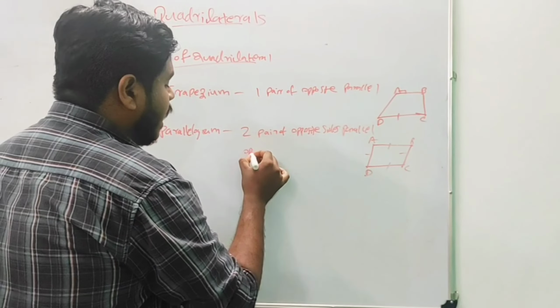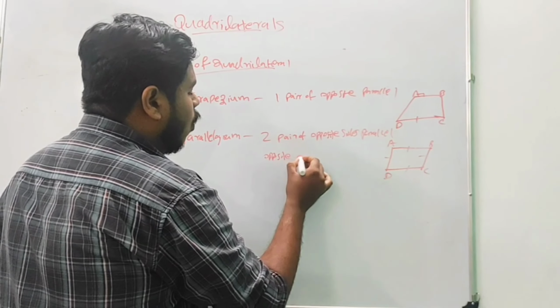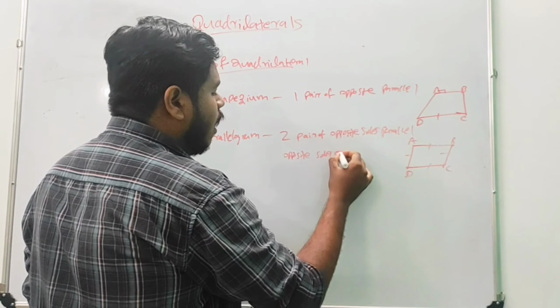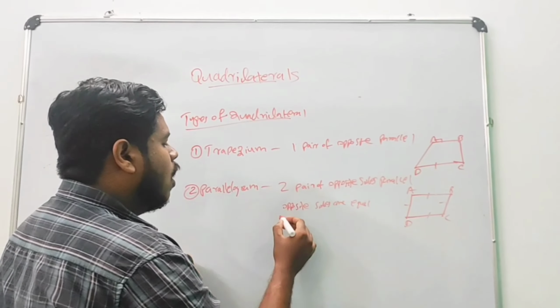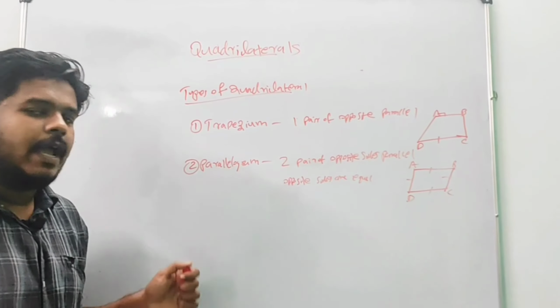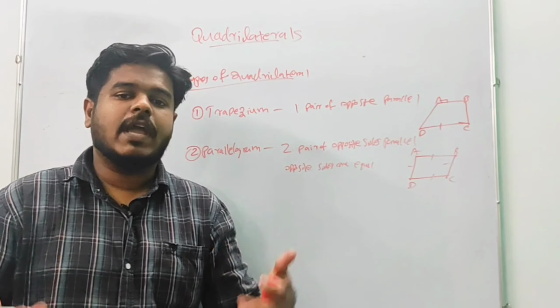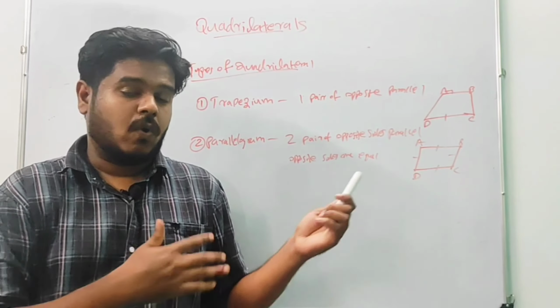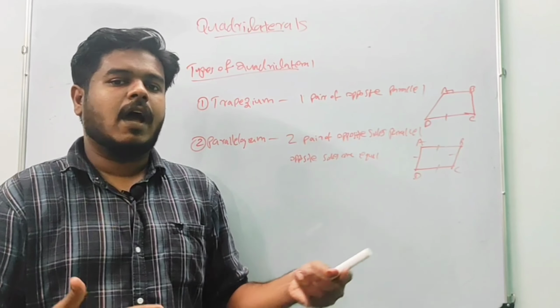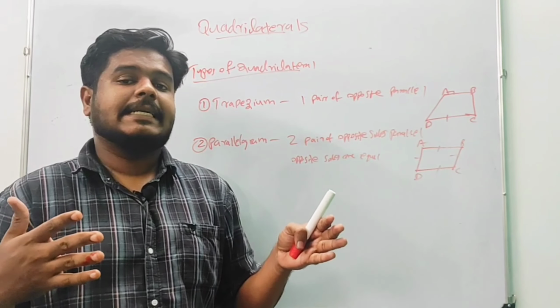So opposite sides are equal, and also parallel, and that's how we get a parallelogram. And we have more types of parallelograms or quadrilaterals, and we can study those types through a table.